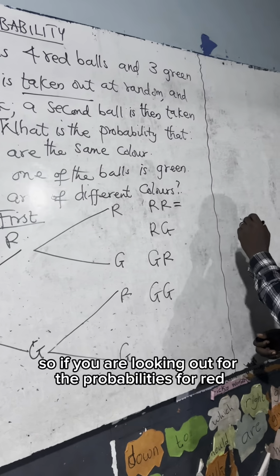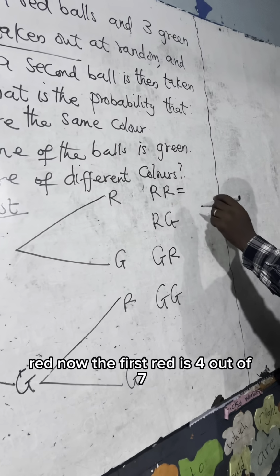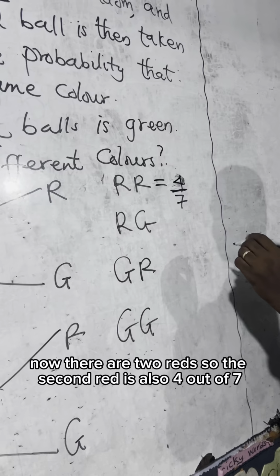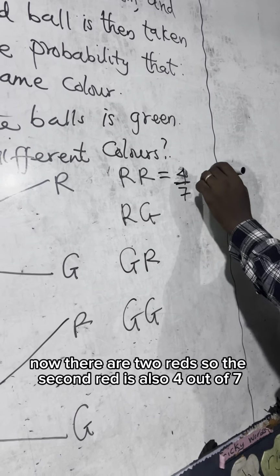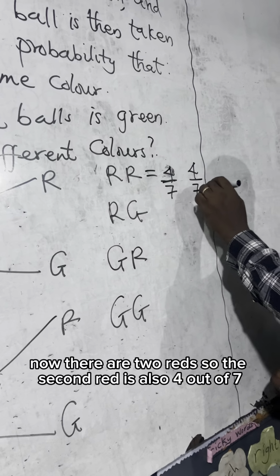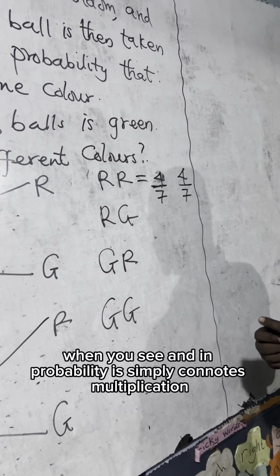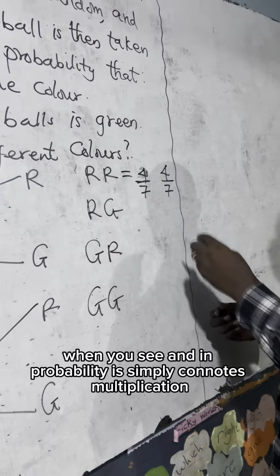So if you are looking out for the probabilities for red, red, now the first red is 4 out of 7. Now there are 2 reds. So the second red is also 4 out of 7. Red and red. When you see "and" in probability, it simply connotes multiplication.